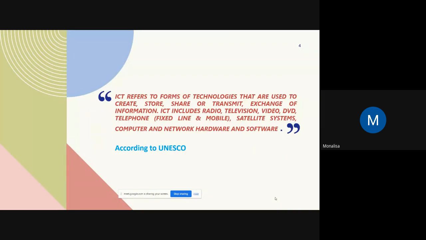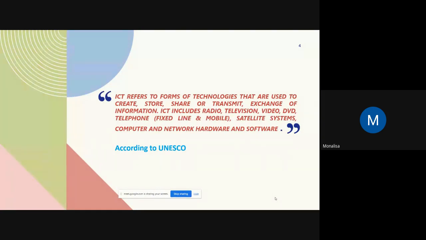You can say ICT means information communication and technology. And in this era of technology, the demand of ICT in education, that means in the teaching learning process, is increasing day by day. Today you have seen that all online educational platforms are based upon ICT.